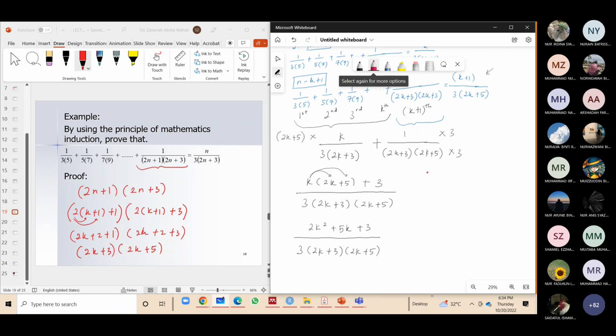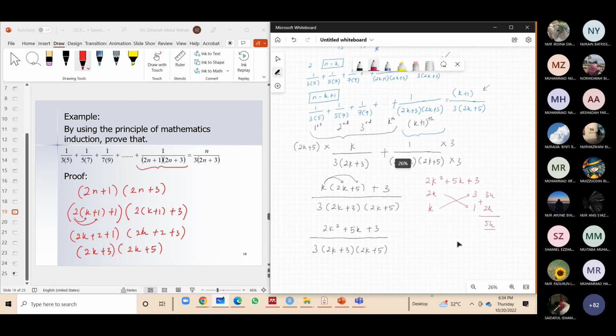Yeah, I show you here. We have 2k² + 5k + 3 and I want to factorize this. 2k multiplied by k will be 2k², and 3 times 1 equals 3. Then we check: 2k times 1 is 2k, k times 3 is 3k, and then we add these two, 3 plus 2 equals 5k. So 5k is equal to the middle value here, and our factorization is correct.